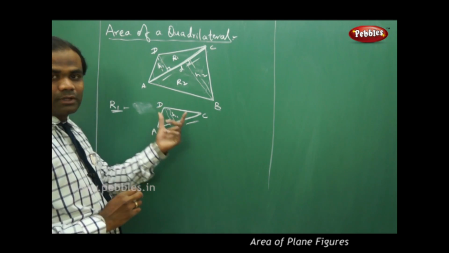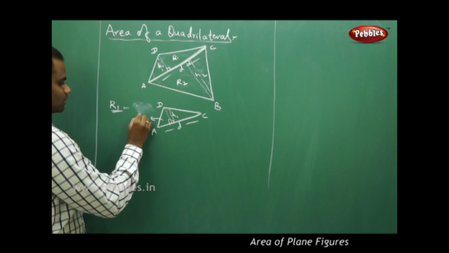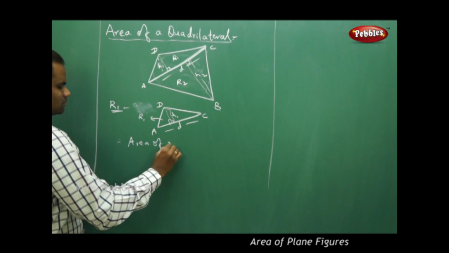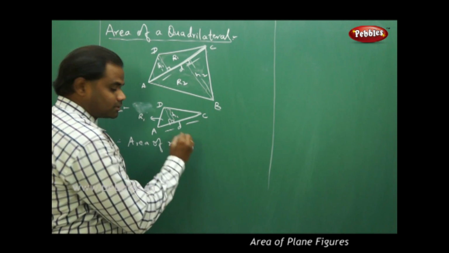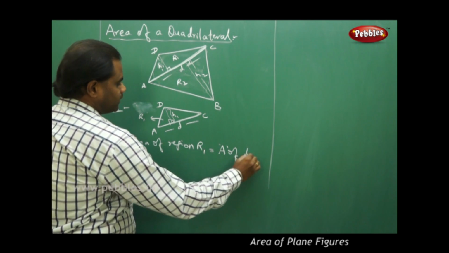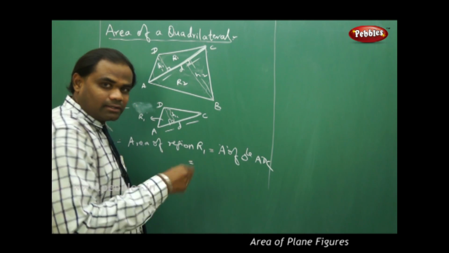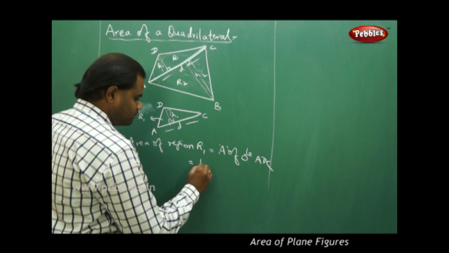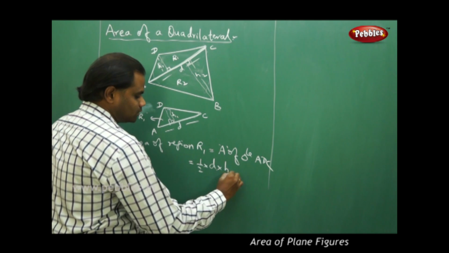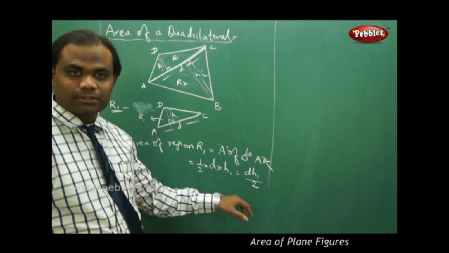So the area of region R1 is nothing but the area of triangle ADC, and in turn the area of a triangle is half into base into height, the base being D and the height being H1. So D H1 over 2 is the area of the region R1.